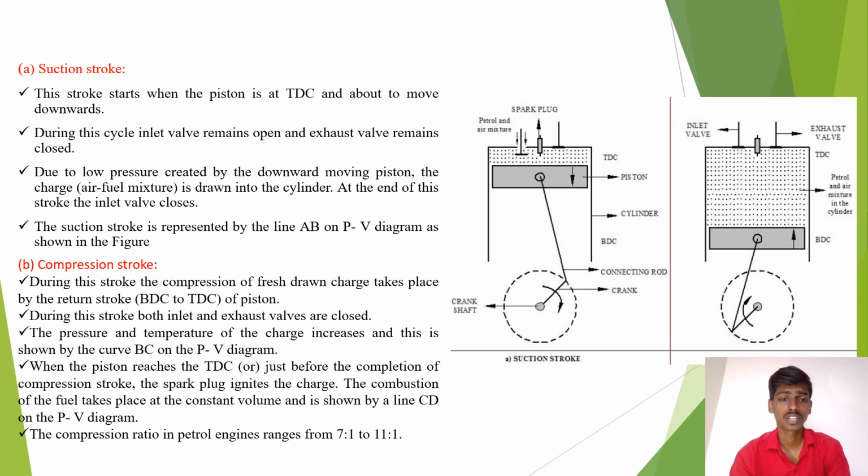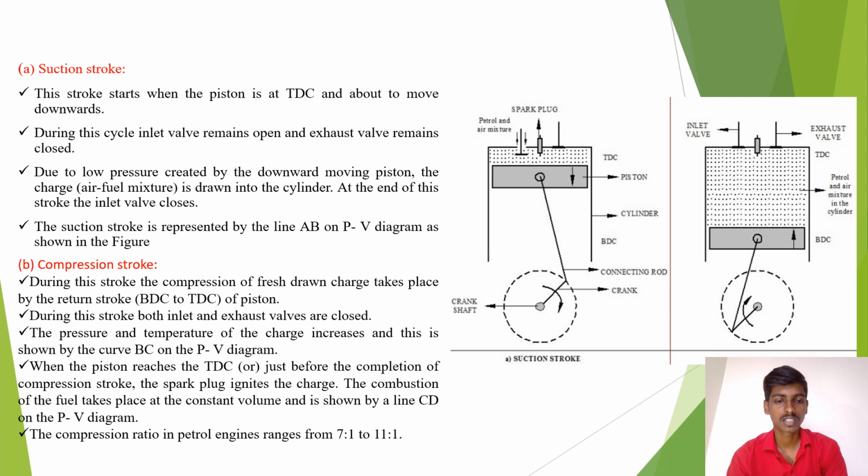Second one is the compression stroke. During this stroke, the compression of the freshly drawn charge takes place by the return stroke of the piston from BDC to TDC. During this stroke, both inlet and exhaust valves are closed. The pressure and temperature of the charge increase, and this is shown by the curve BC on the PV diagram.